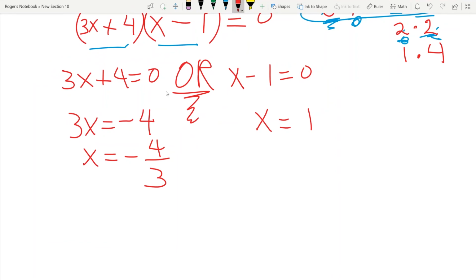Therefore, this one is not allowed. This is division by 0.